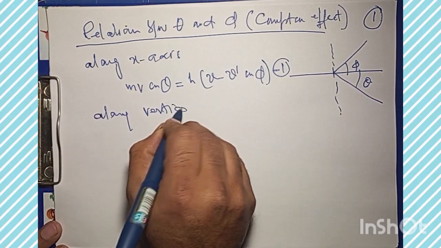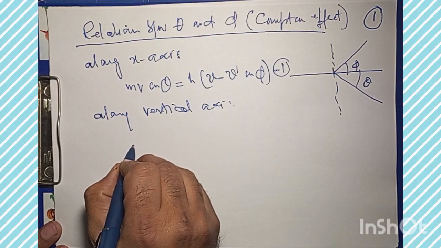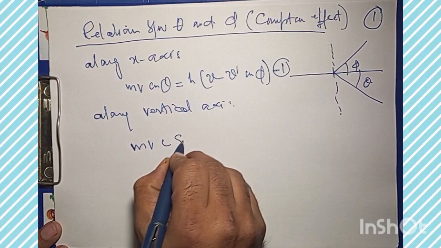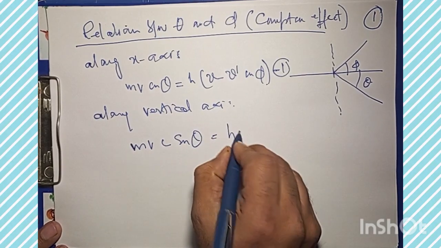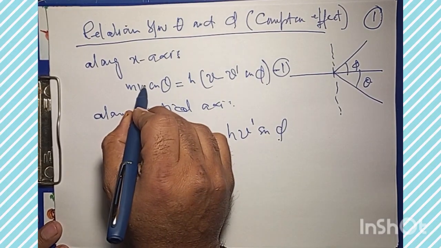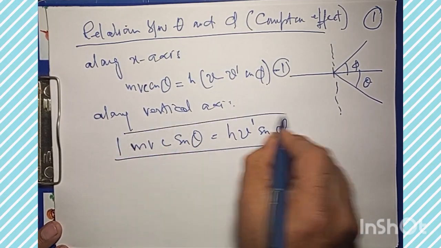along the vertical axis, and that was m v c sine theta equals h nu dash sine phi, and obviously here was c. Okay, now this is my equation 2.